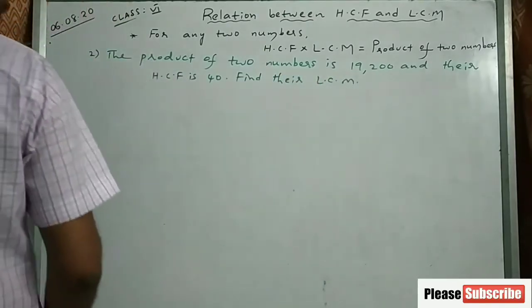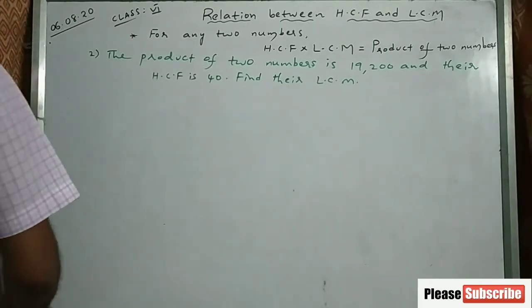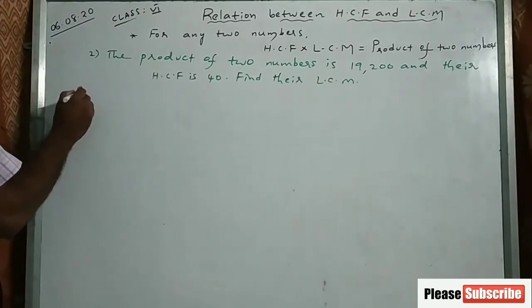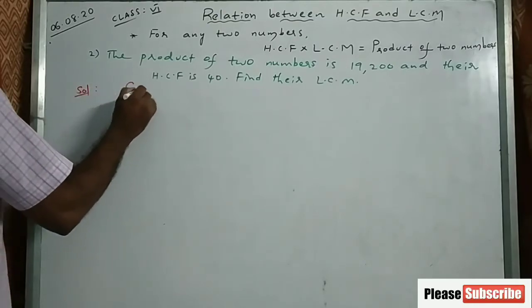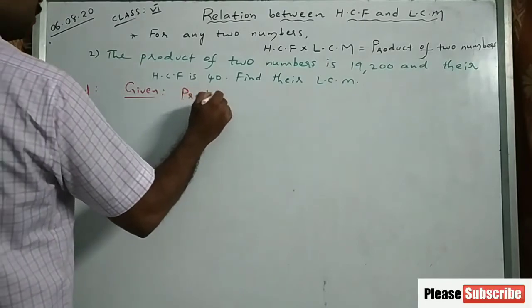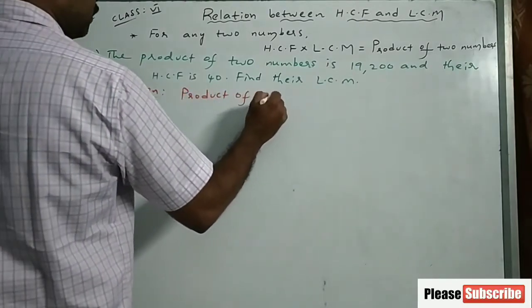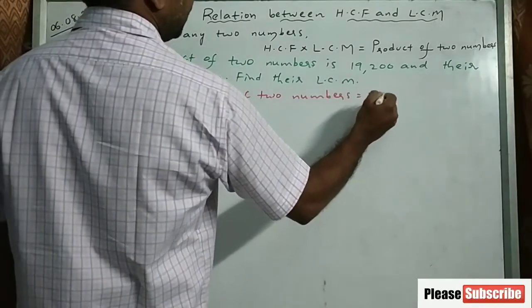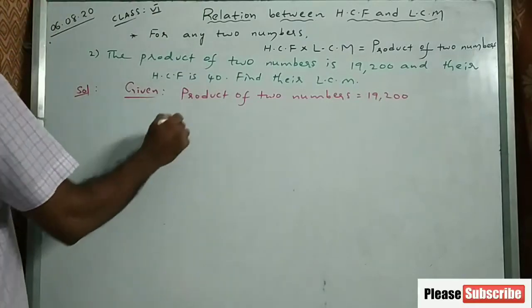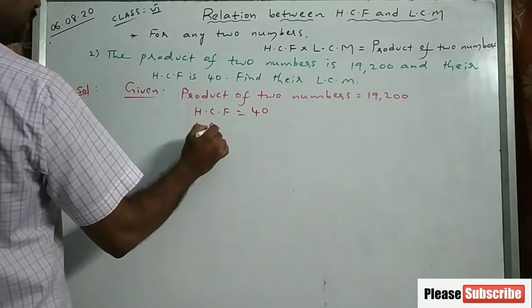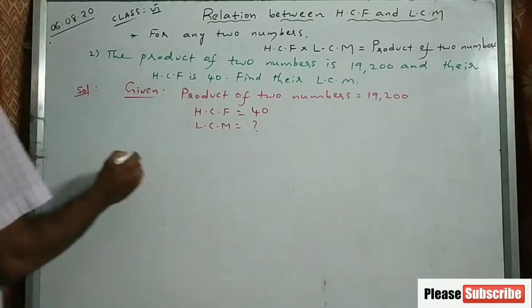Okay. Before we found the HCF, now we have to find the LCM. Look at the solution. What is given here? Product of two numbers is given, 19,200. HCF is given, 40. LCM we should find.